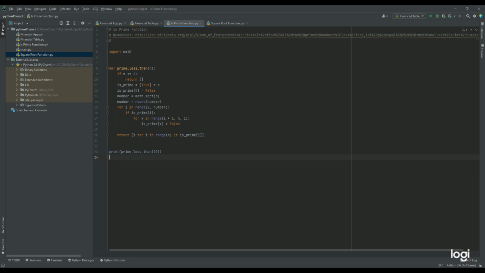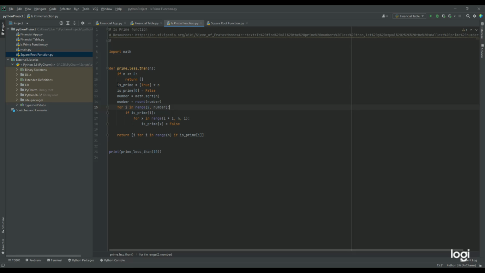So I have right here if prime, if number, which is going to be the number we put in. If number is less than or equal to 2, return a blank, because there's only 2 numbers that are prime, which is 1 and 2, and we already know that 1 is not, so I went ahead and set number 1, or number 0 in the array, as false.